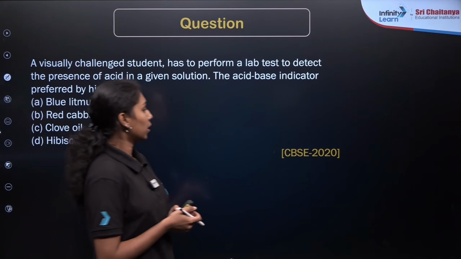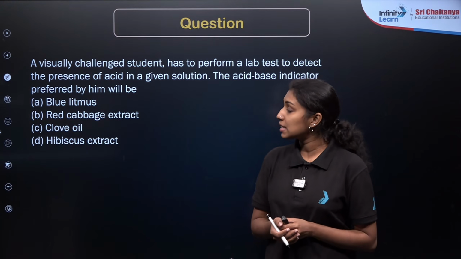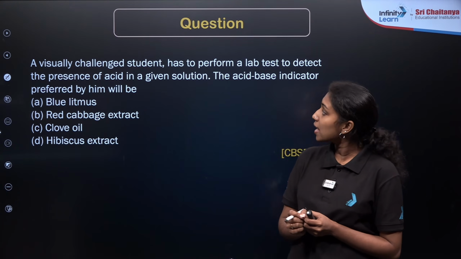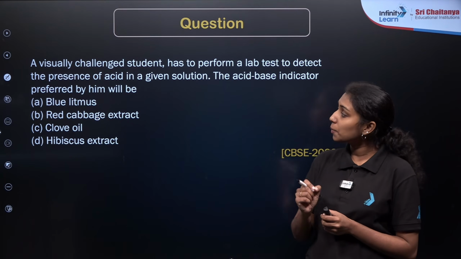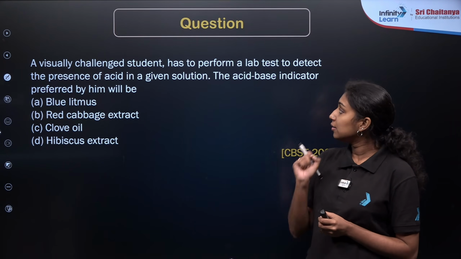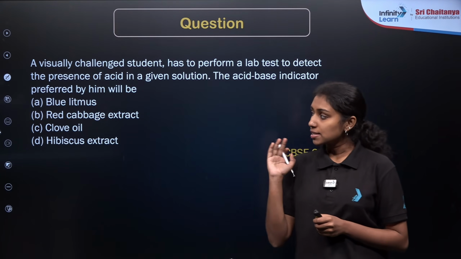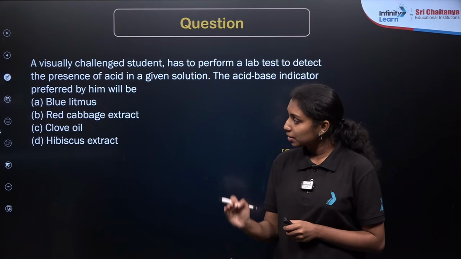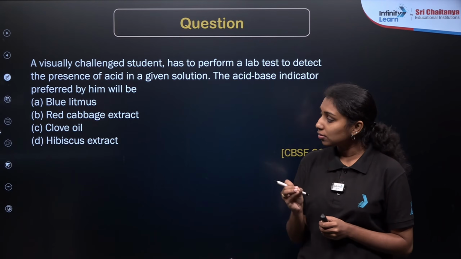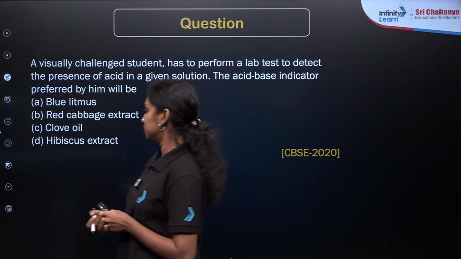Again the question is based on the indicators part. A visually challenged student has to perform a lab test to detect the presence of an acid in a given solution. The acid base indicator preferred by him will be: these are the examples of natural indicators. First one is blue litmus, red cabbage extract, clove oil and hibiscus extract.